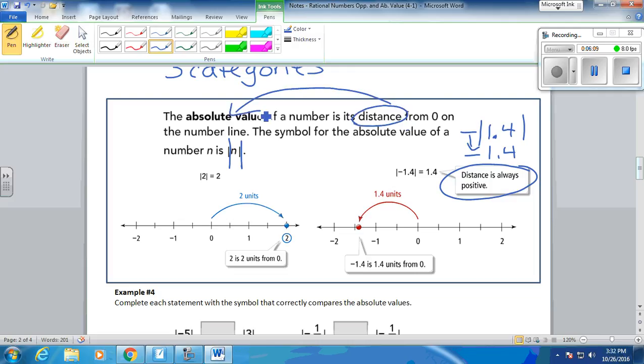So they're saying the absolute value of 2 is 2 because it is 2 units away from 0, and the absolute value of negative 1 4/10 is 1 4/10 units from 0. So obviously the negative is just telling us the direction, that it's to the left of 0, and positive is telling us that it's to the right. The negative sign tells us direction.